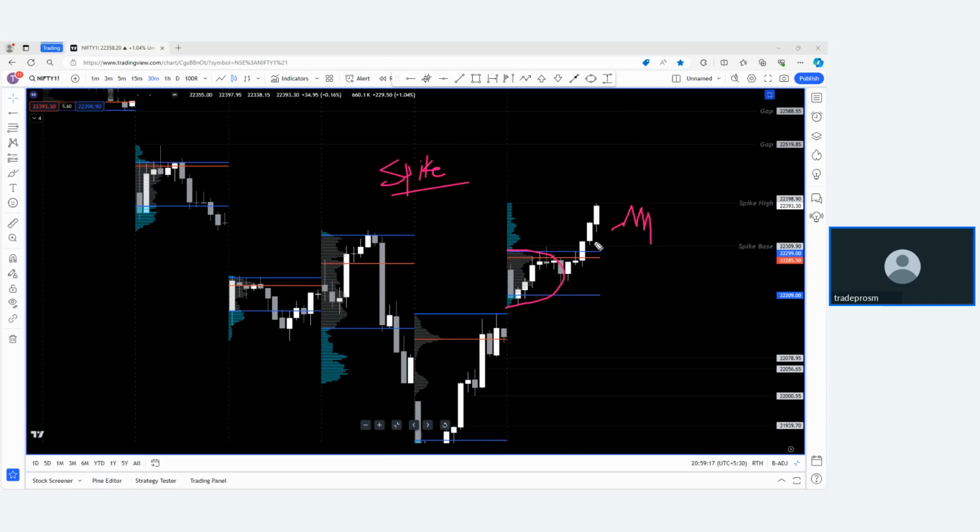So next session, if you get a higher opening above the spike, it's a clear indication that smart traders purposefully entered the market and moved it in such a way that it showed as a spike in the chart for us. And if you get a follow through, it is going to be an ultra bullish scenario.